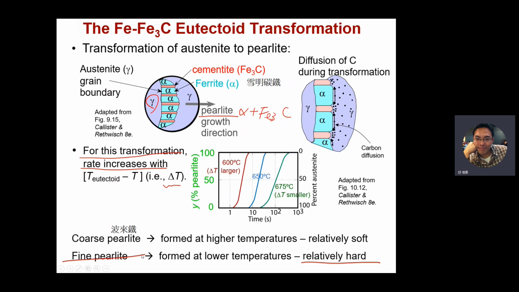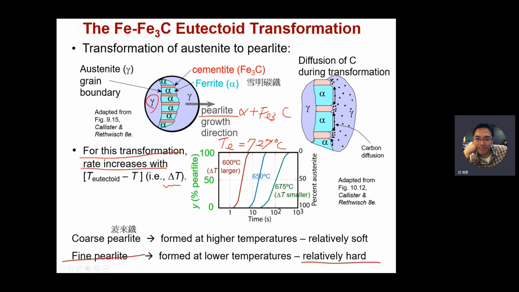Therefore we can plot the figure of the fraction transformed versus time with different temperatures, for example different delta T. We already know that TE, the temperature of eutectoid, is 727 Celsius.